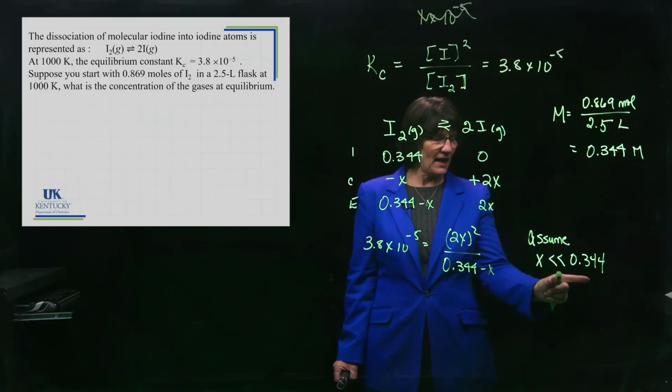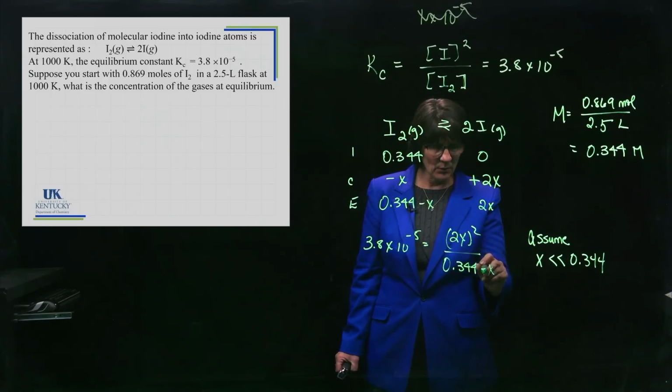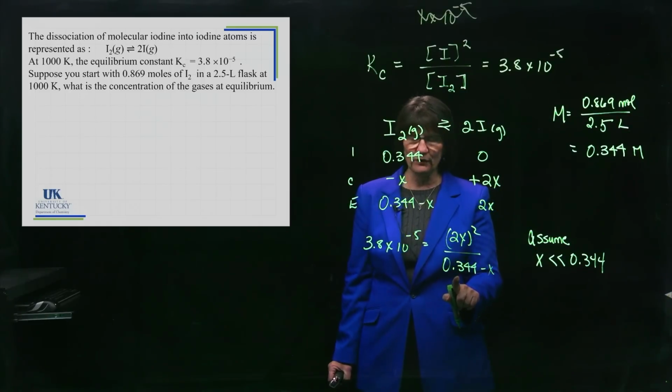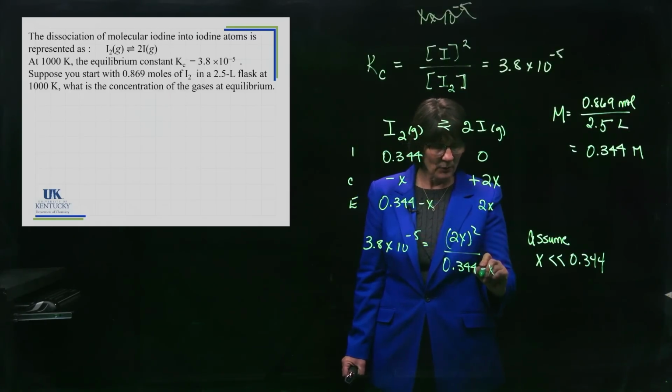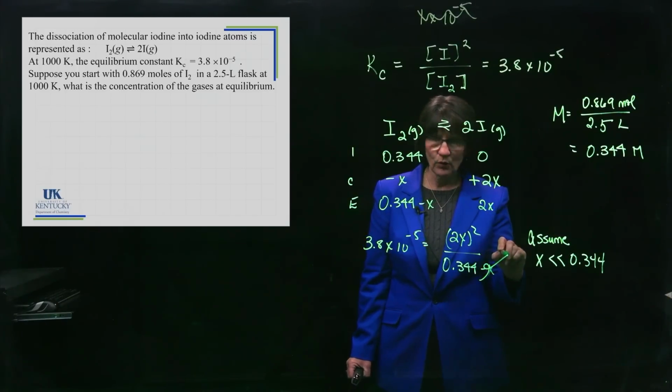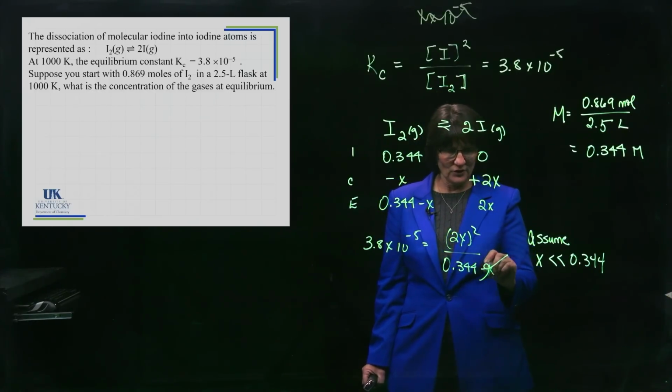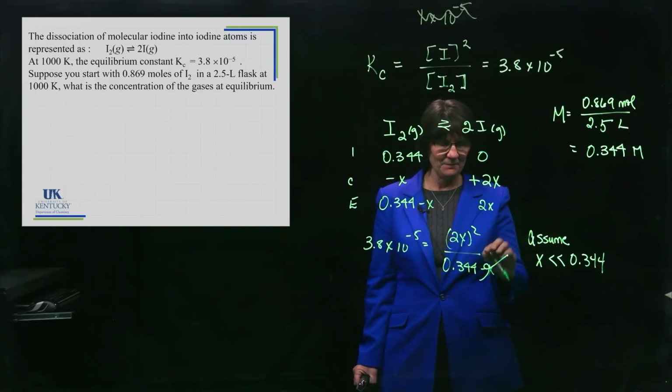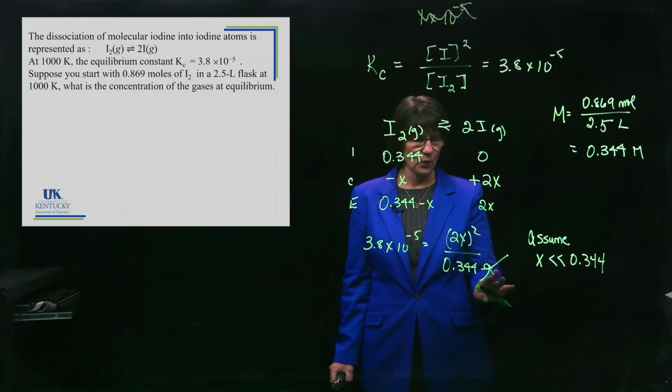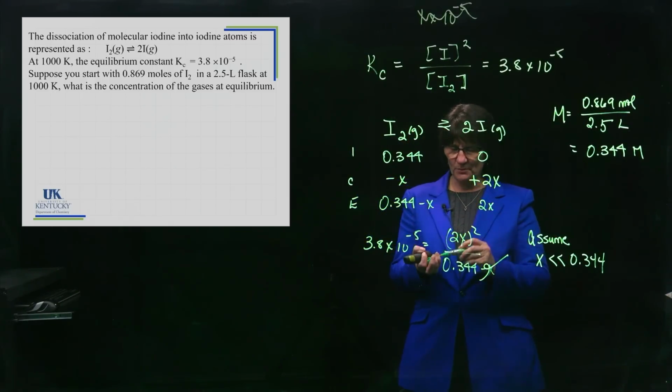If I make that assumption, then if I were to subtract it from 0.344, we would still have 0.344. So I'll use this little proofreading mark that says delete. I'm just taking that out. Okay, now let's just talk about the legitimacy of this.